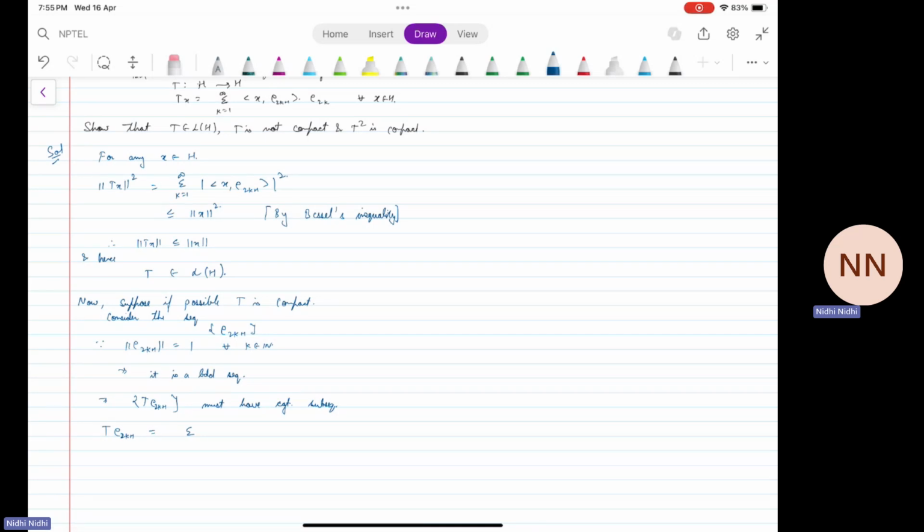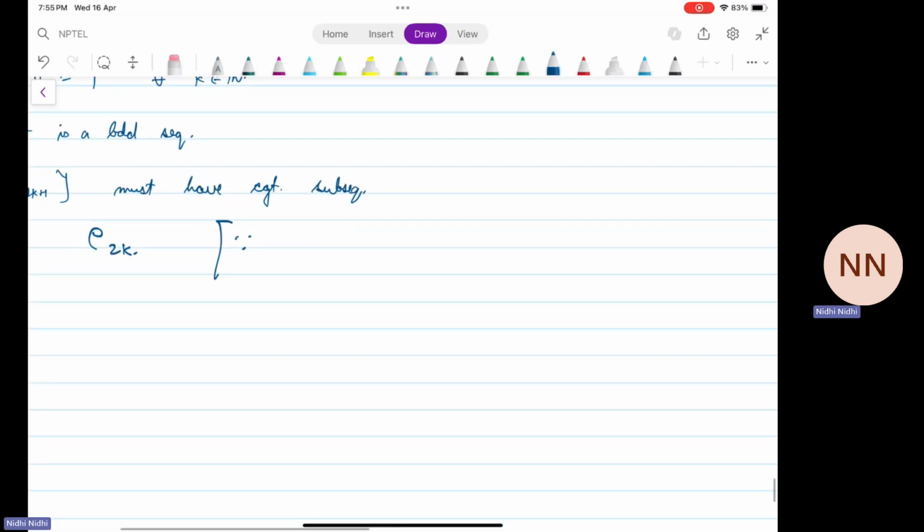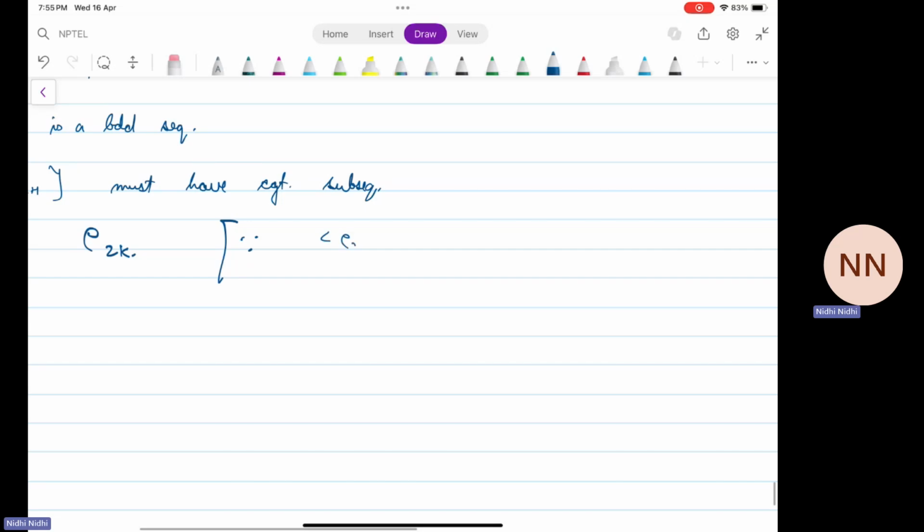So the sum would be just the term e_{2k}, because the inner product of e_{2k+1} with e_{2k+1} is equal to norm e_{2k+1} square, which is equal to 1, and e_{2k+1} with e_{2n+1} is equal to 0 for every n not equal to k.